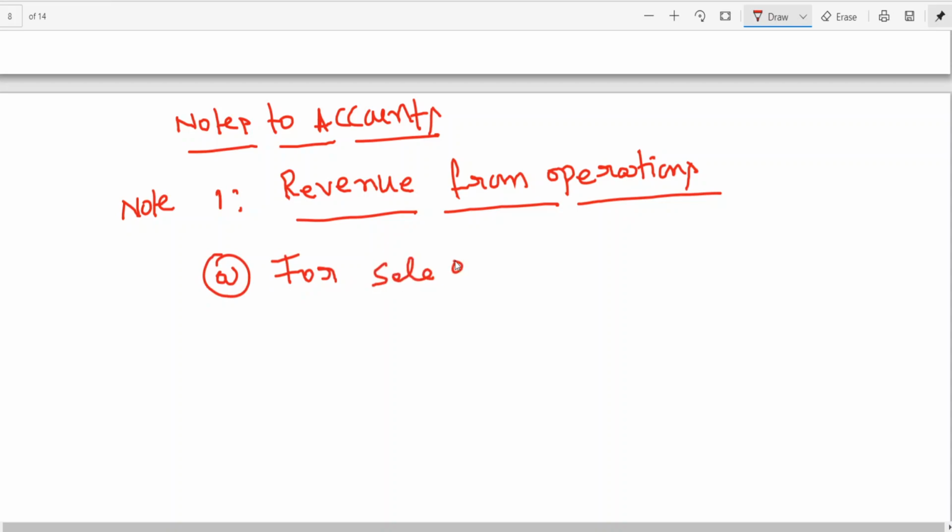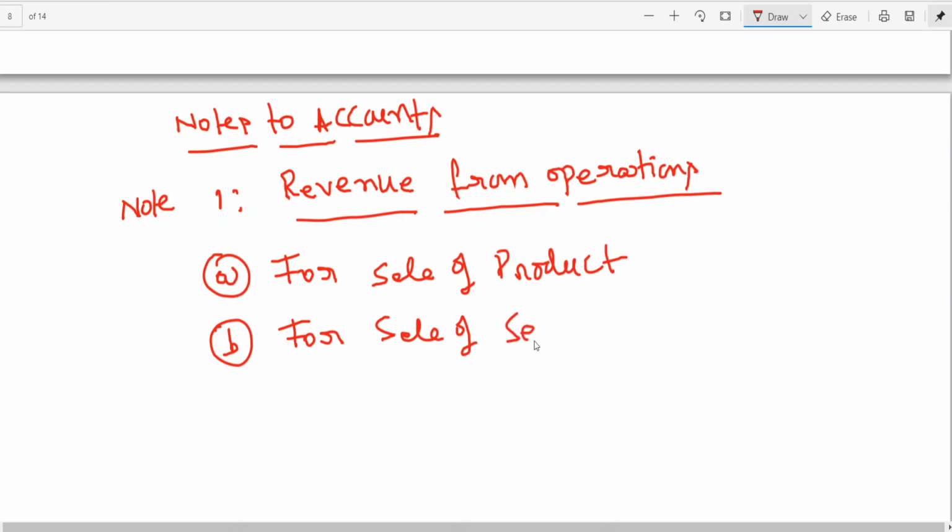Sale of products or sale of services. You are writing amount in rupees. This is current year, previous year. For all items, you will be writing that. Then some other operating activities.